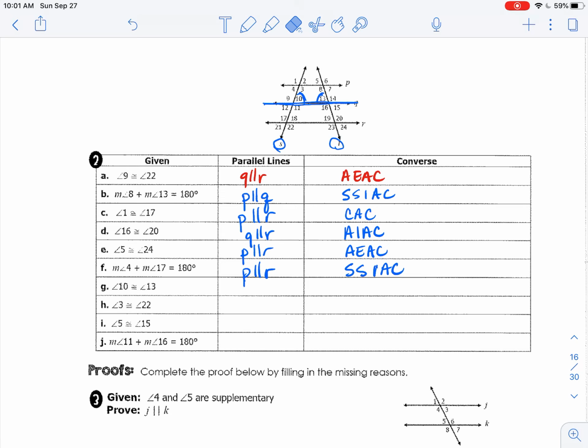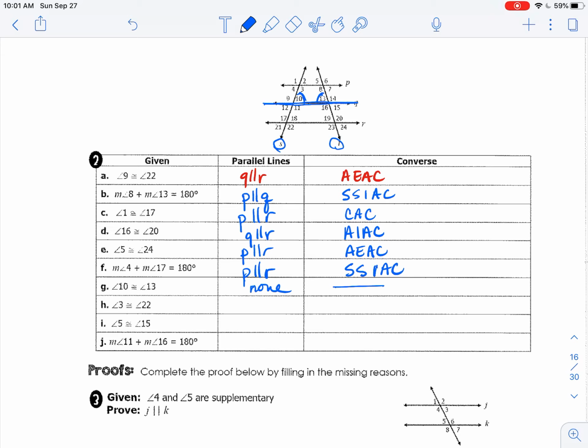Even though they don't look it, if we know that they are congruent, then, well, that doesn't prove anything, because if they were same side interior, they'd have to be supplementary. So I'm going to say none. These are not parallel lines, because same side interior have to be supplementary. Sorry about that, guys. Sometimes you got to stop and think for a minute.